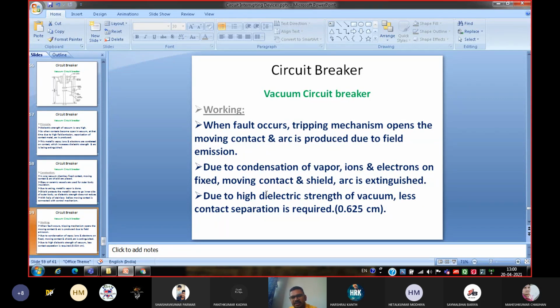What do you mean by contact separation? Contact separation is the space in between the fixed contact and moving contact. So due to the high dielectric strength of vacuum, less contact separation is required, and that is 0.625 centimeter.